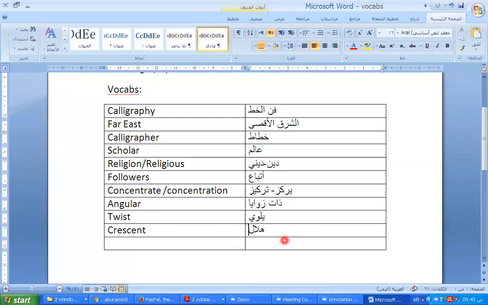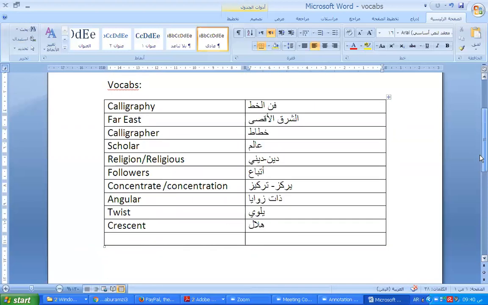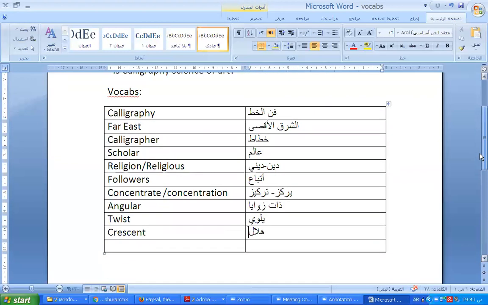Crescent is like هلال. الهلال الأحمر يسموها red crescent. منظمات الهلال الأحمر. So we don't have too much vocabulary for your level in this lesson. I think these are most of the vocabulary I found.